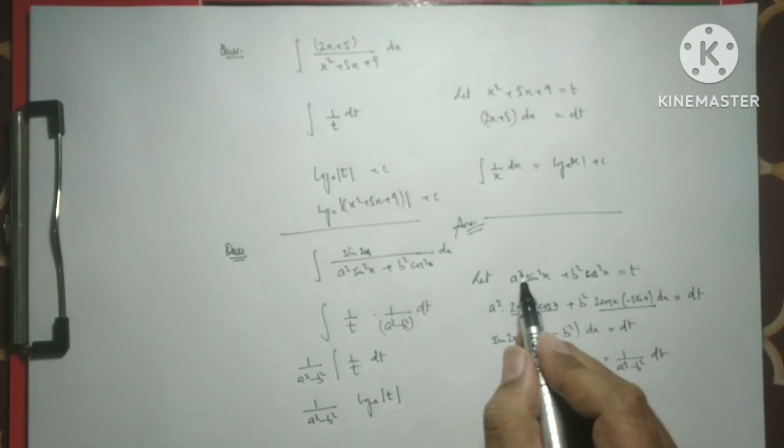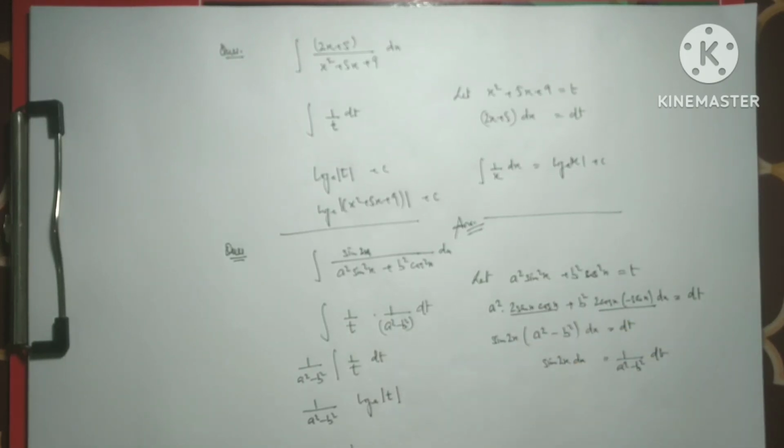And what is t? T is this. We substitute this again and we get 1 over a square minus b square log of a square sin square x plus b square cos square x plus c, and this is the answer.